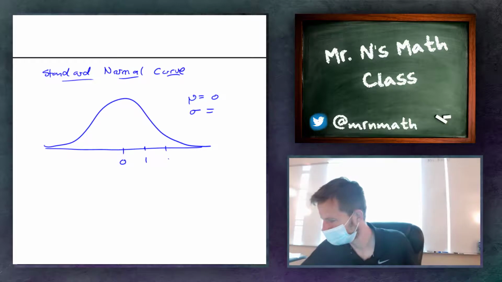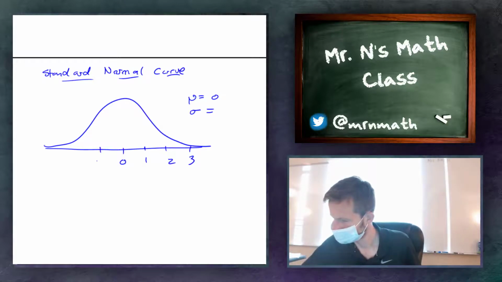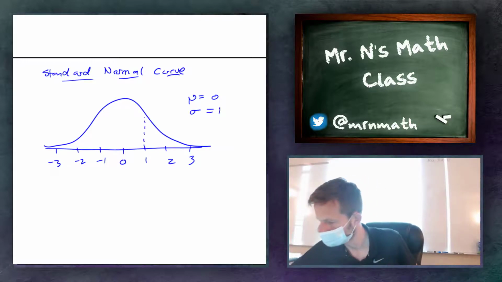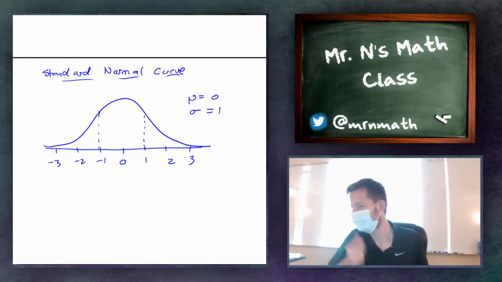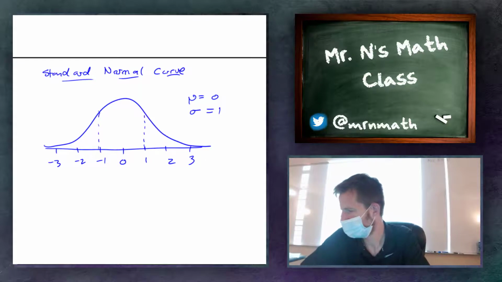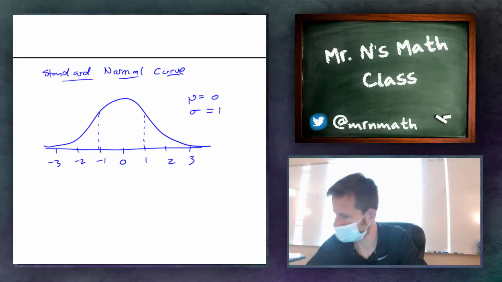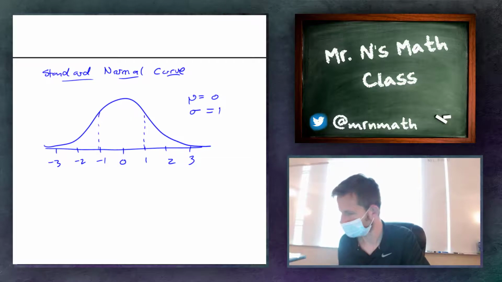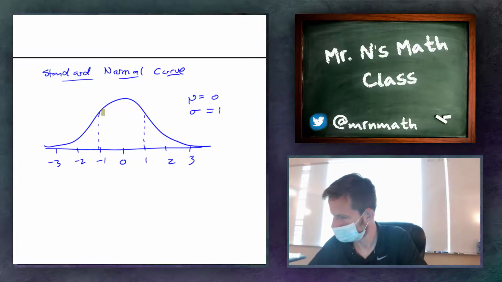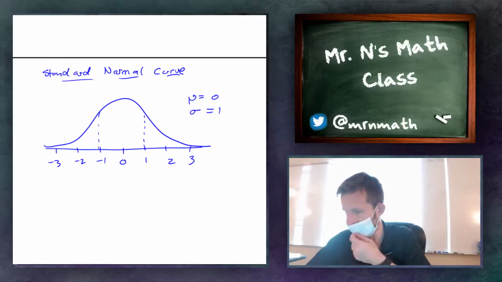That's correct. So standard normal curve has a mean of 0 and a standard deviation of 1. We will use this quite a bit later.